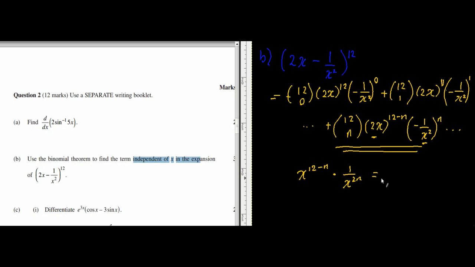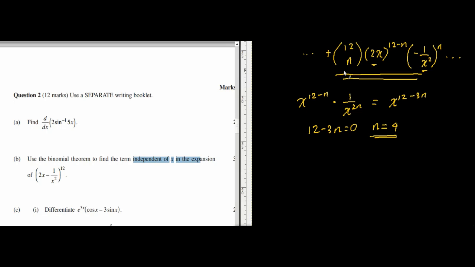Okay, so simplifying, this is the same as x to the 12 minus 3n, because remember this 2n I can write as x to the minus 2n. So I need to find out when 12 minus 3n equals 0, and the answer is when n equals 4. Okay, so when n equals 4, I have the term that's independent of x.